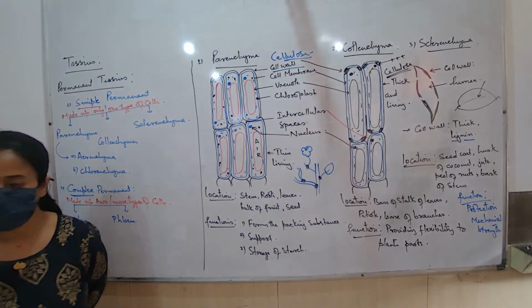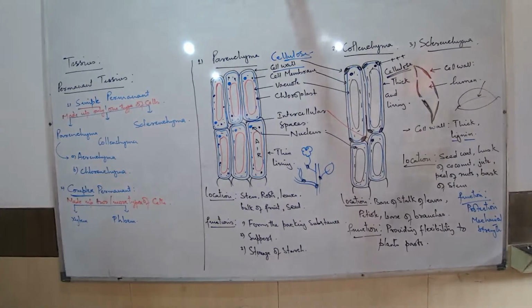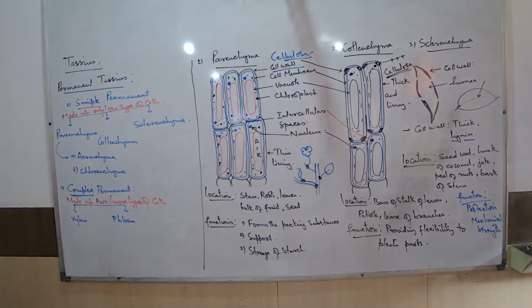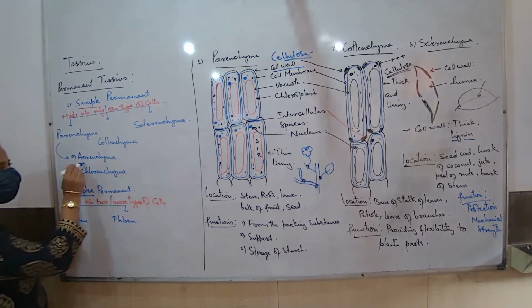Leave a line gap, fill in the answer later. Number 2: mention two locations of collenchyma. Number 3: what is the special function of parenchyma?